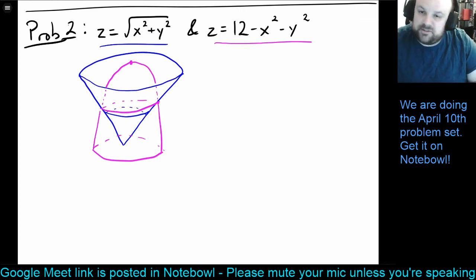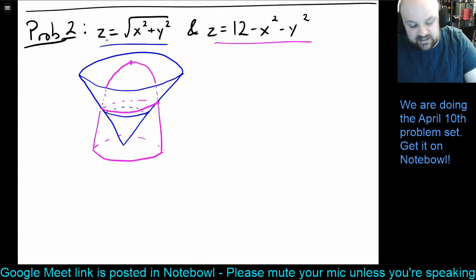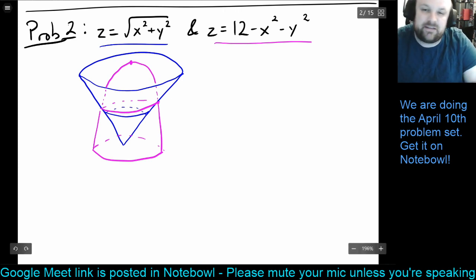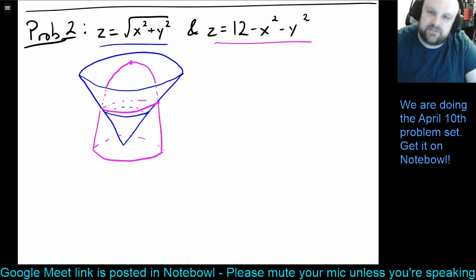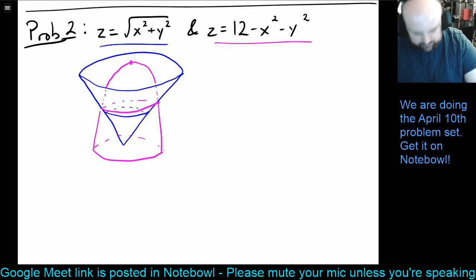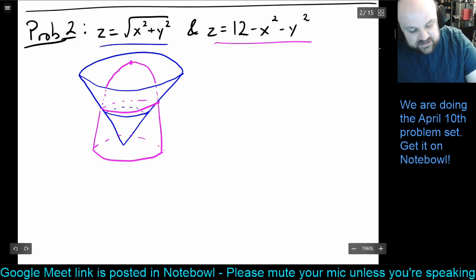Now, there's a couple options for this. We could say, oh, this is a z, this is a z, so let me set them equal like that. Now, you could do that. Let me slightly advise against that, because that'll be a bit tricky to deal with. Instead, let me suggest solving this equation here for x squared plus y squared.